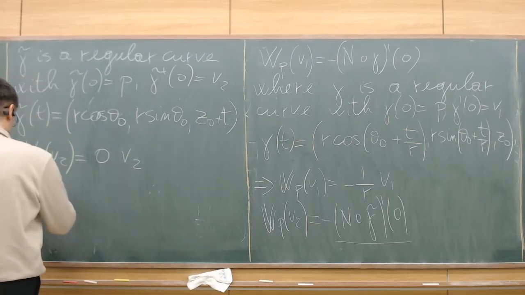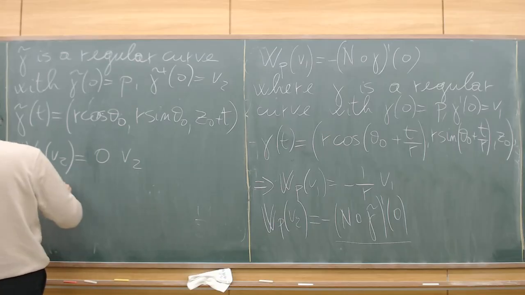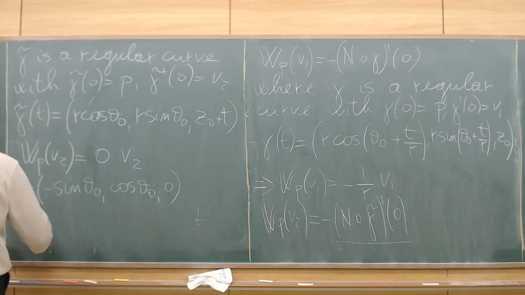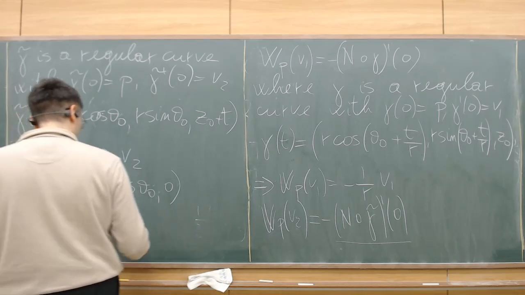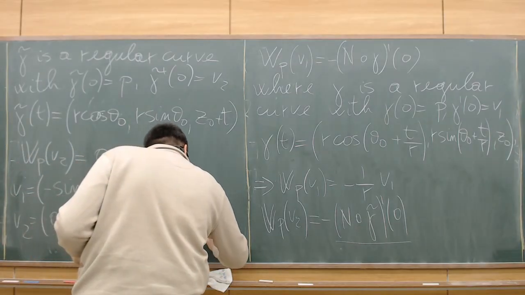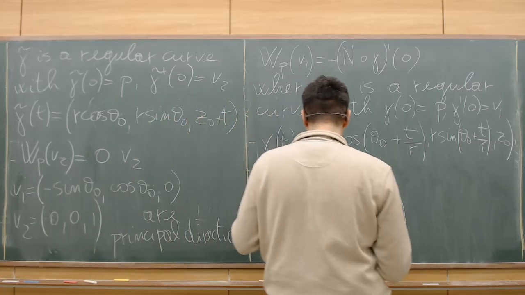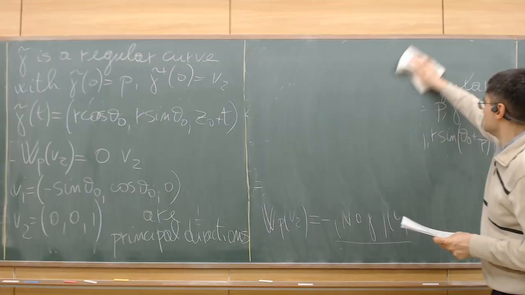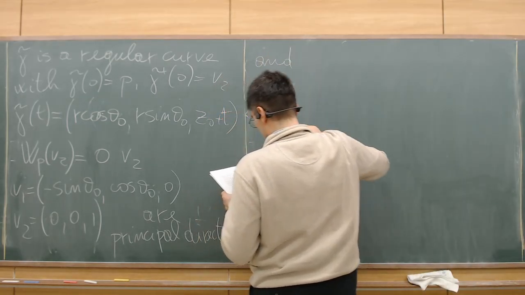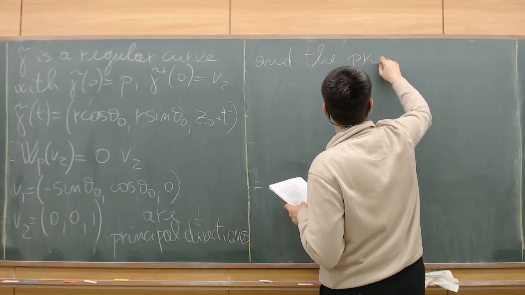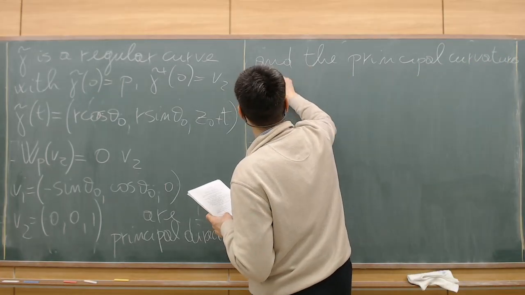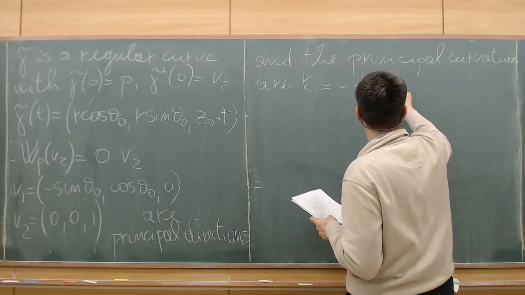So this says that v1 equal to (minus sine of theta 0, cosine of theta 0, 0) and v2 equal to (0, 0, 1) are principal directions and the principal curvatures are k1 equal to minus 1 over r, k2 equal to 0.